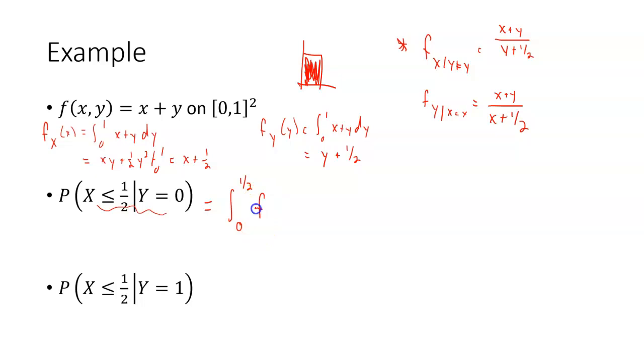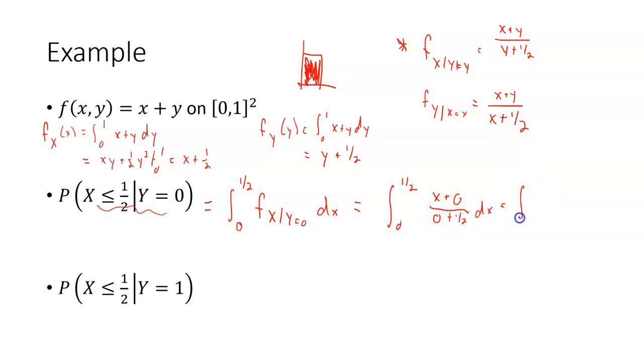So I'm going to look at f of x given y equal to 0, and integrate with respect to x. So I'm going to get the integral from 0 to 1 half of x plus y, but y is 0, divided by y plus 1 half, so 0 plus 1 half.